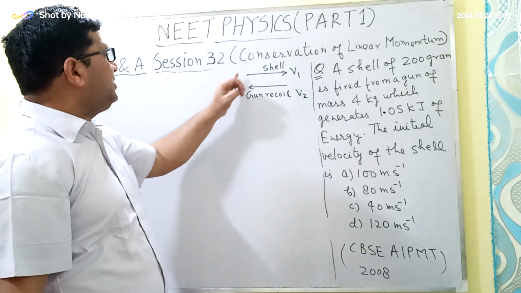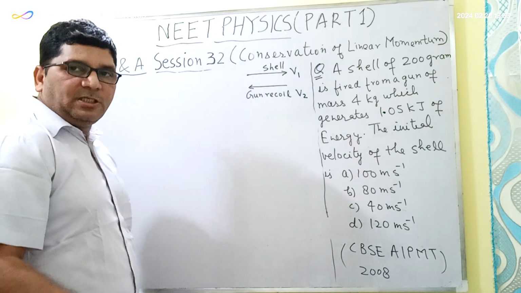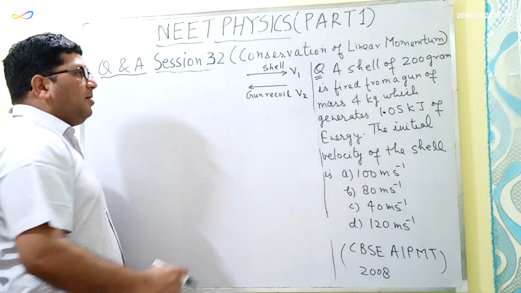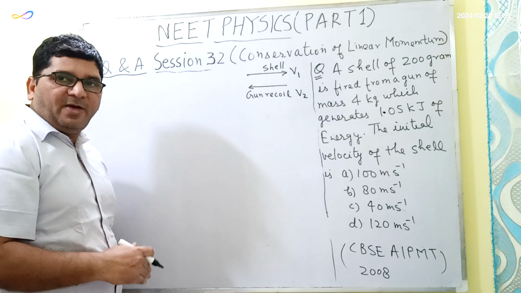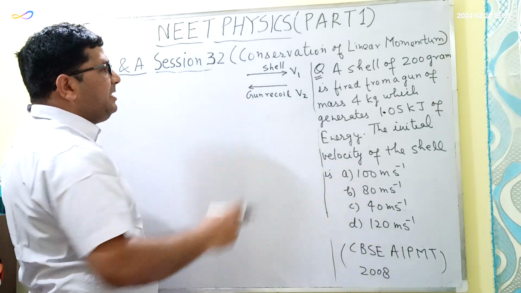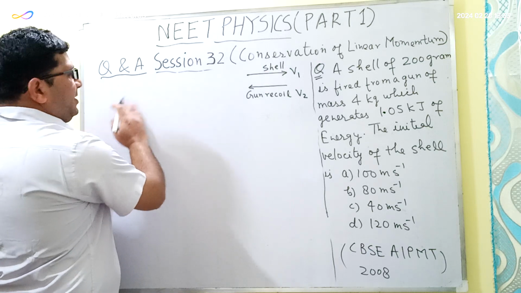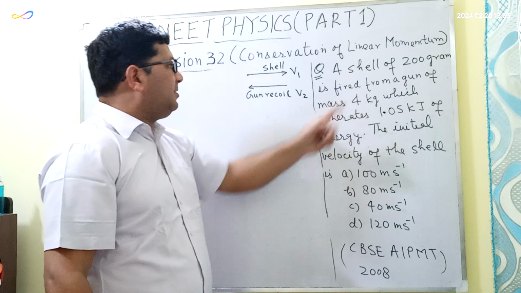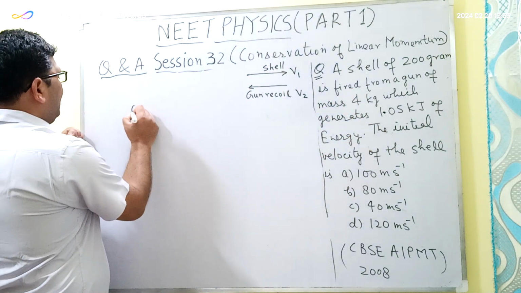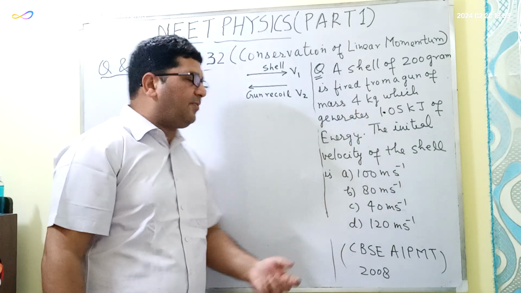Okay, now I will be using the law of conservation of linear momentum. That is, the total linear momentum before the firing should be equal to the total linear momentum after the firing. The total linear momentum of this shell and this gun is 0 because the velocity of the shell and the gun is 0 before the firing.